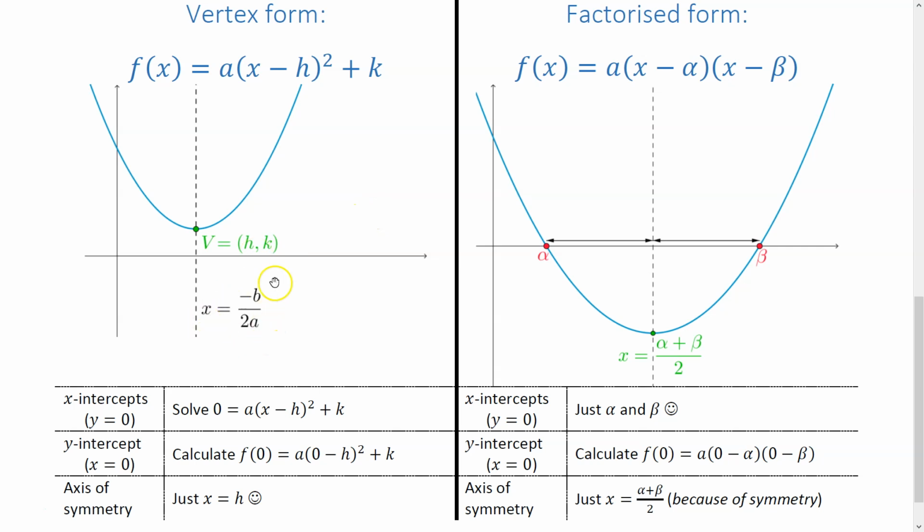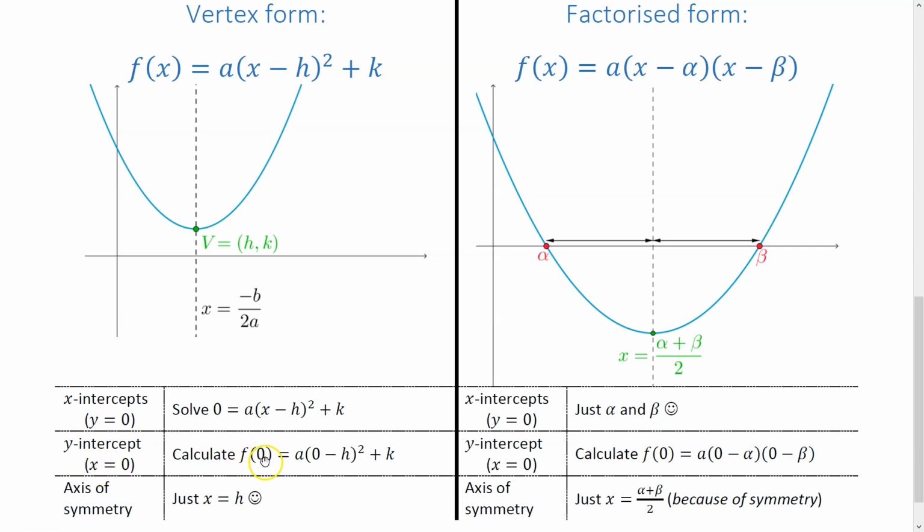Notice that this formula for the axis of symmetry can be used as the same, and it goes through the vertex. If I want to find x-intercepts, then I need to set y equal to 0 down here and set up this equation. And I can solve that, or I can expand the brackets, and then I can solve it the way I did the general form above. If I need to find a y-intercept, I need to calculate what happens when x is 0.